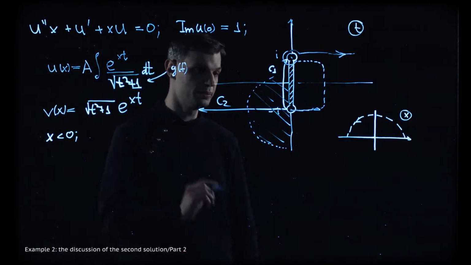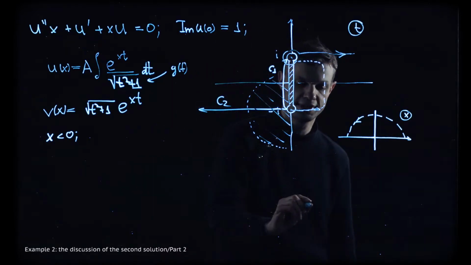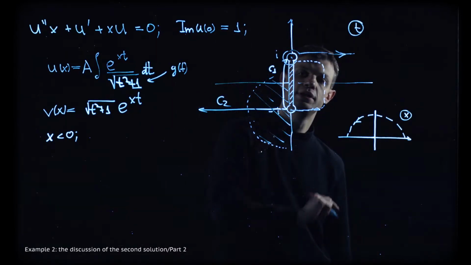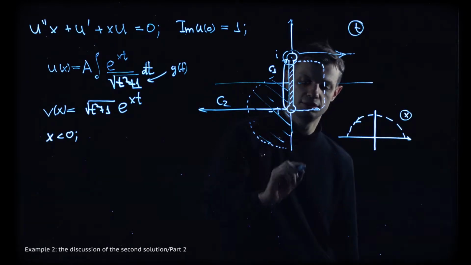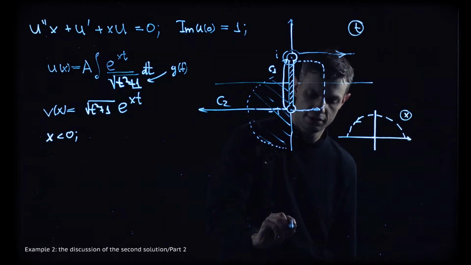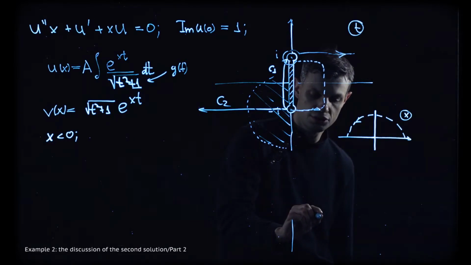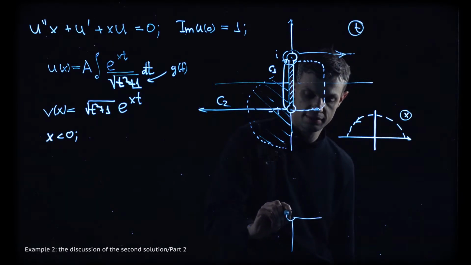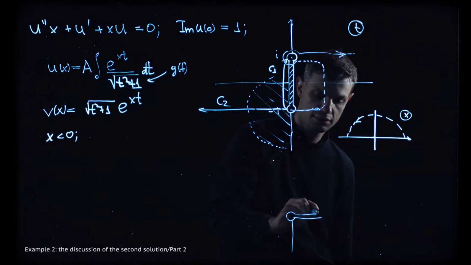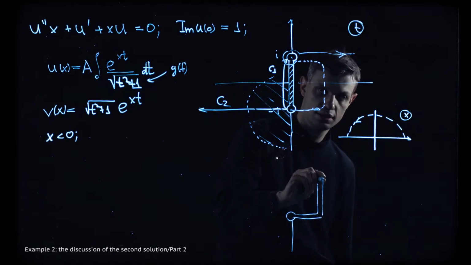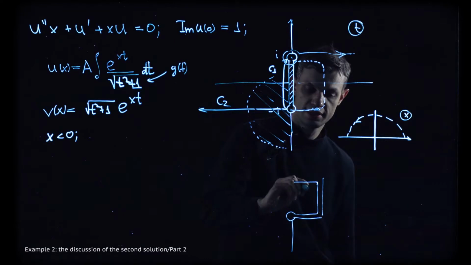Another possible interpretation of the same thing would be just to deform the branch cut, so make it obey the direction of the steepest descent. You can draw a branch cut like this, bending it into the steepest descent direction.